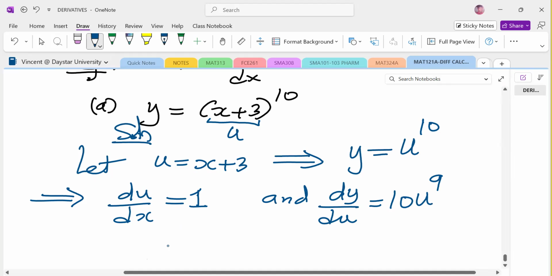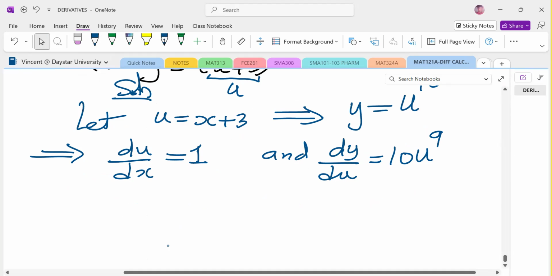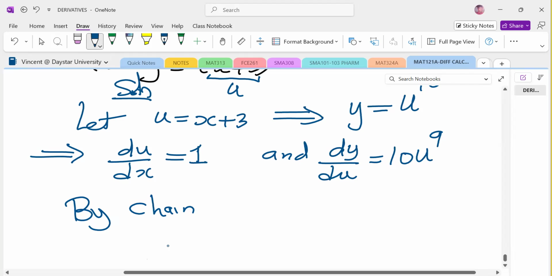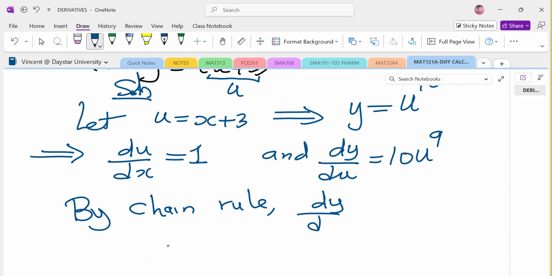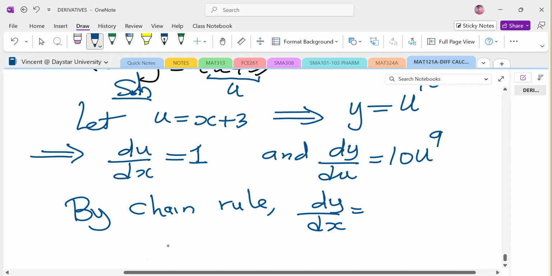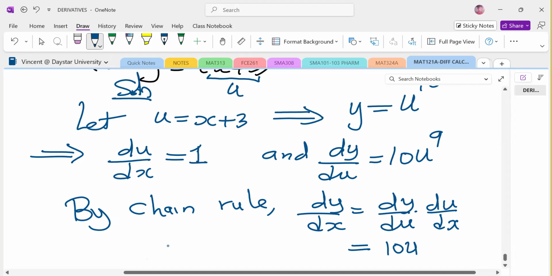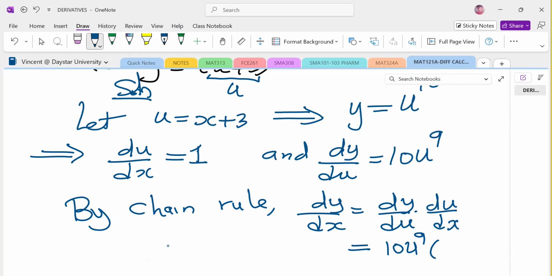So by chain rule, dy dx is dy du times du dx. So dy du is 10 u power 9, du dx is 1.